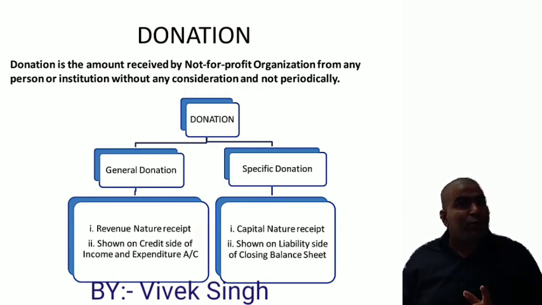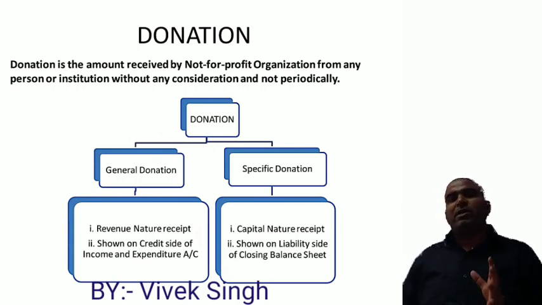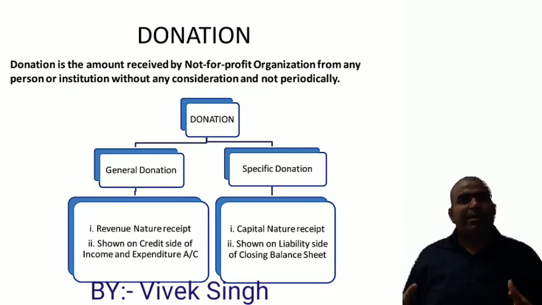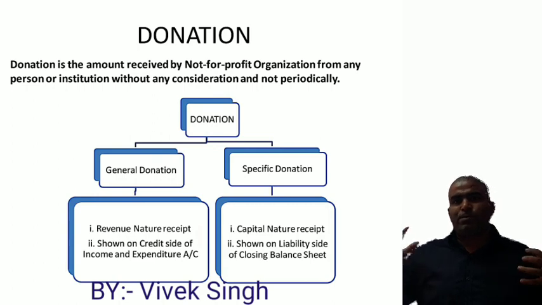Clear? Then it will be shown on the liability side of closing balance sheet because it is a capital receipt. Clear? Now after the general donation and specific donation, come to the next point.